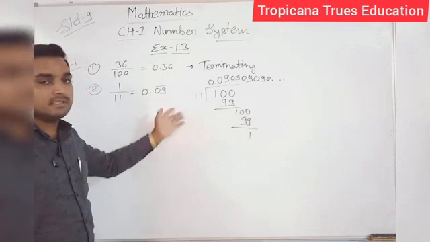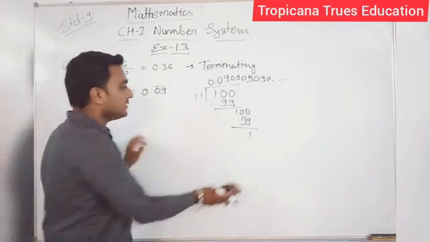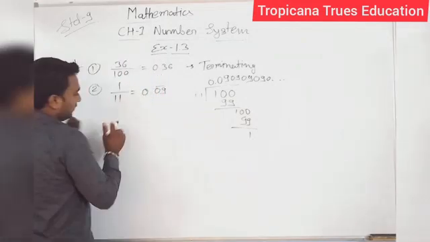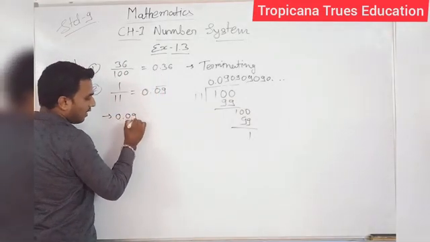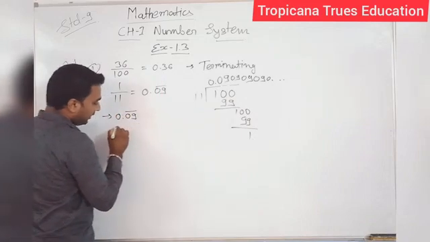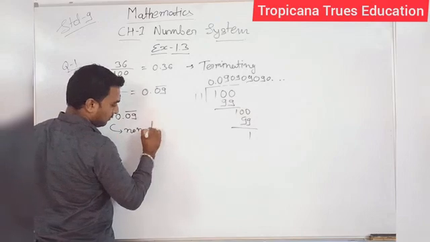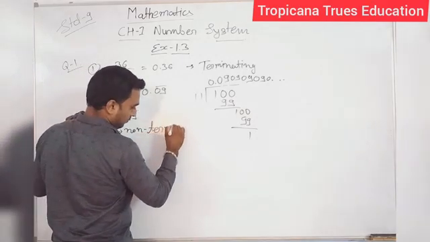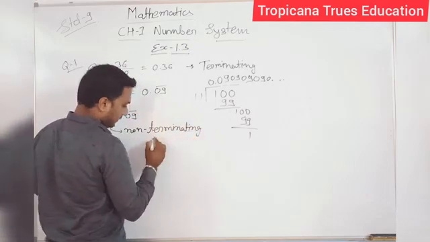Recurring means it is going to repeat again and again after the decimal. So that's why it is written here that 0.09 bar is terminating, non-terminating, recurring.